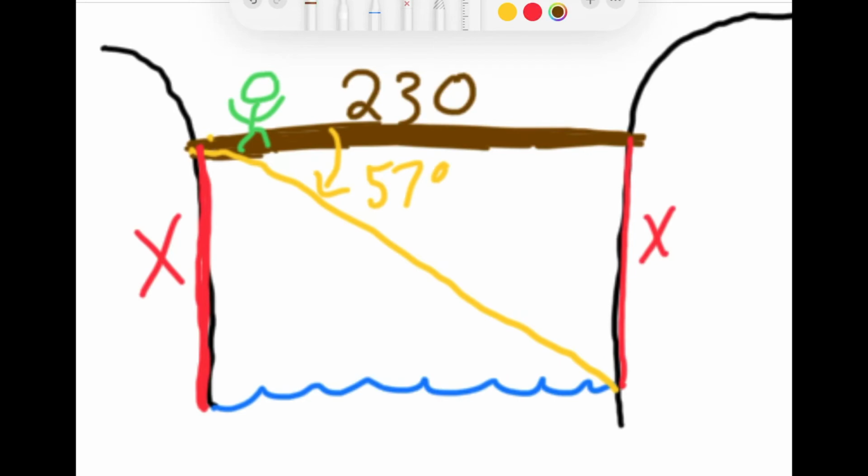Another thing that you can realize is that if our bridge goes across this little valley of 230 feet or meters or whatever it was, that means the length of the river in between the two sides is also 230.